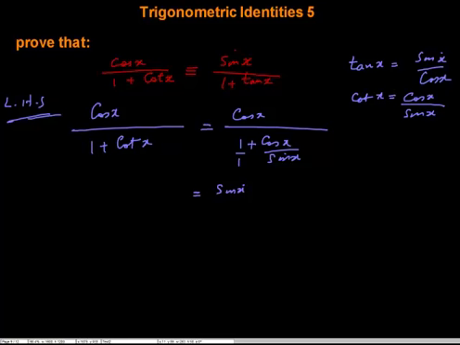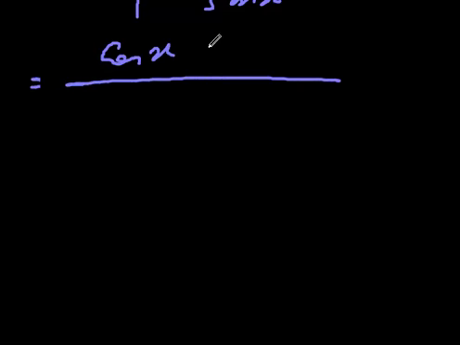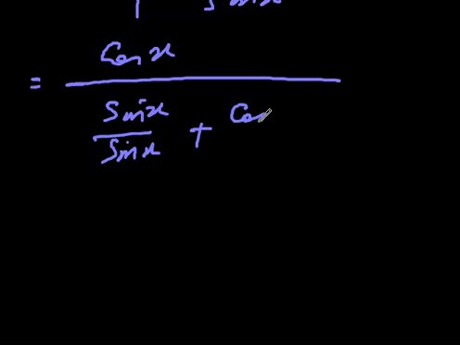Let me get rid of this. What I'm doing is I write down cos of x, which is the numerator, and then in the denominator I'm writing sin x over sin x, because I can multiply and divide by the same number. It's a fractions property.